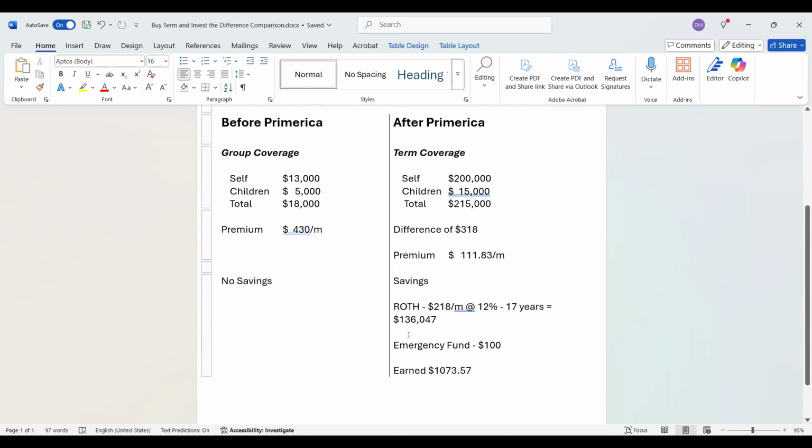And now he also has an emergency fund, which he did not have before. So now he has that money set aside, and he doesn't have to worry if things happen. He can take care of that emergency, which gives you great peace of mind. I spent about 2 hours with him going over everything, educating him and explaining everything.